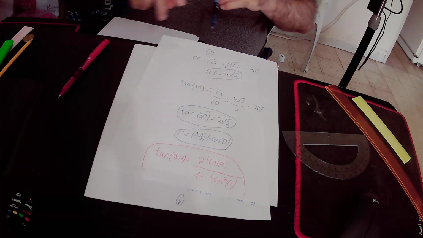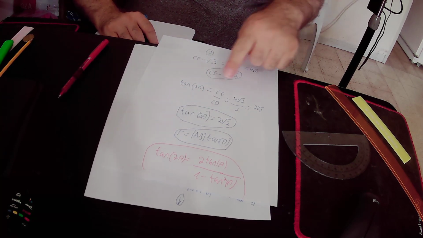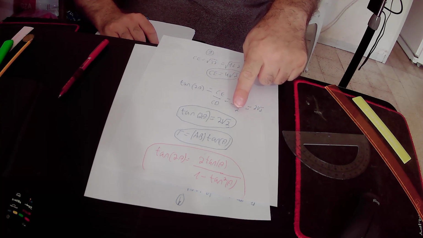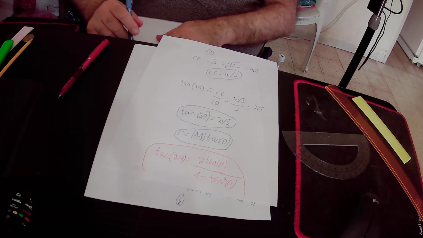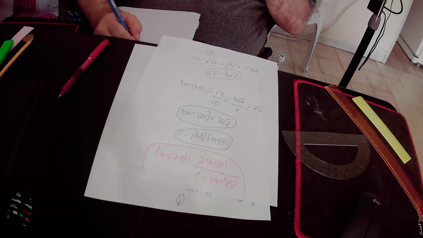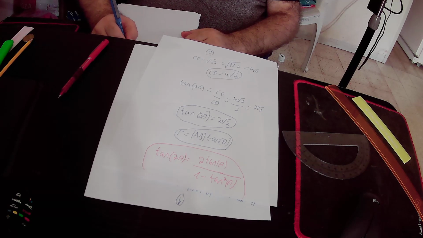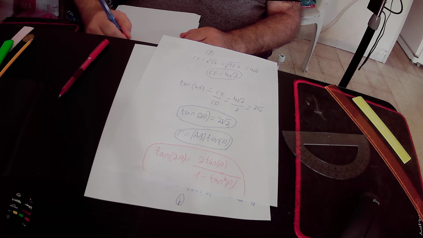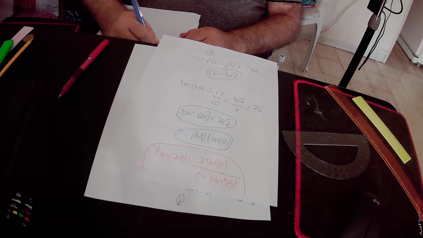So we can write here tangent 2 theta equals 2 times root 2. So actually 2 times root 2 equals 2 tangent theta over 1 minus tangent squared theta.